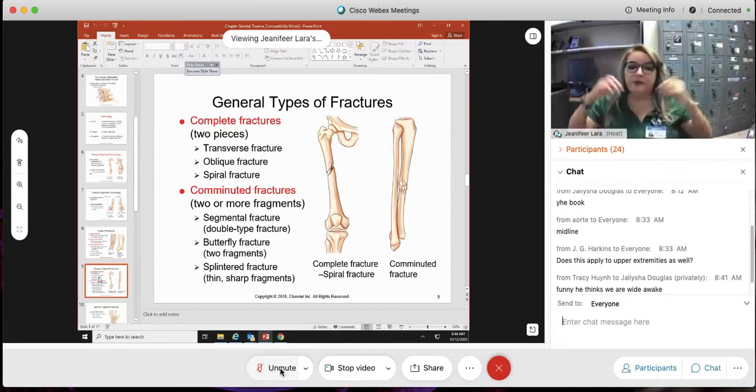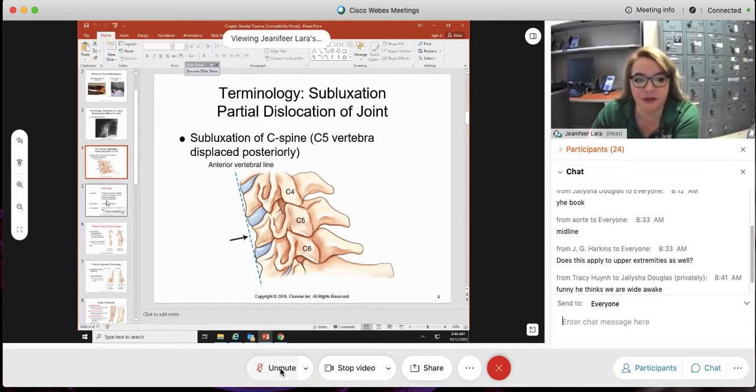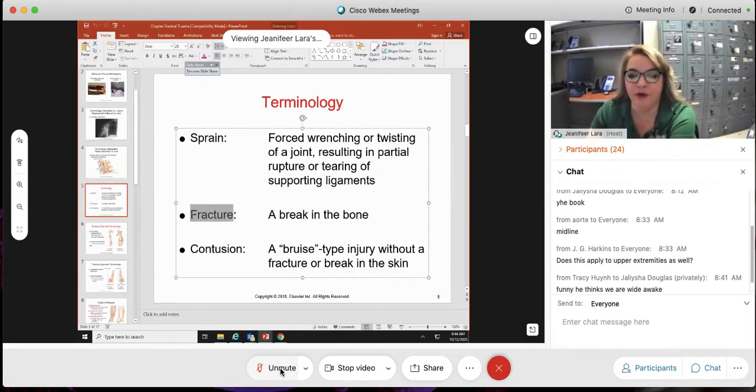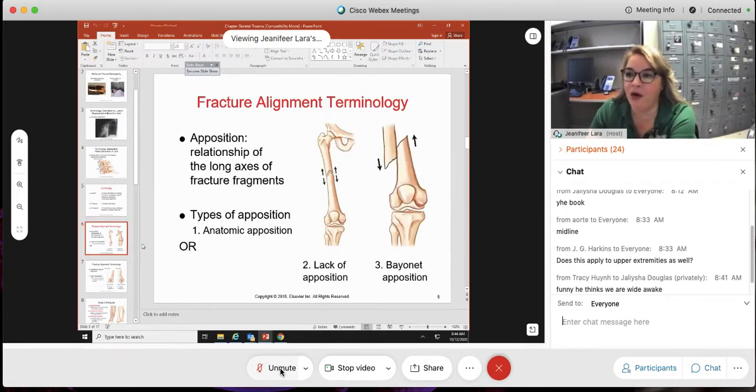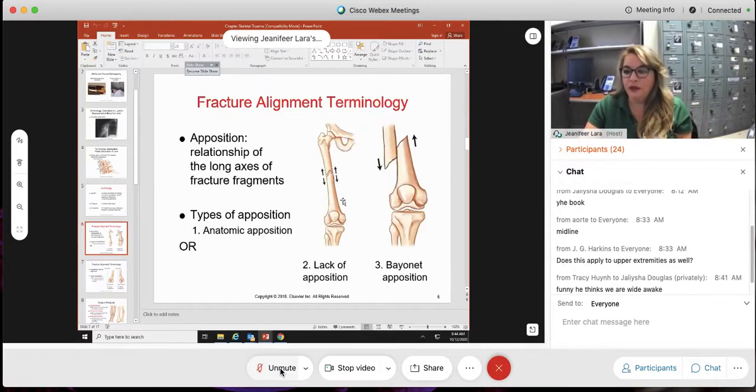Now, we talked about dislocation, we talked about subluxation. Now we talked about sprain, contusion, and fractures. Now we've taken fracture and gone into depth about different types of fracture. We talk about ends and alignment. If they are aligned and touching each other, you have anatomic. If there's lack of apposition or separation, and they have some type of angulation, we talked about angulation, and then the bayonet.